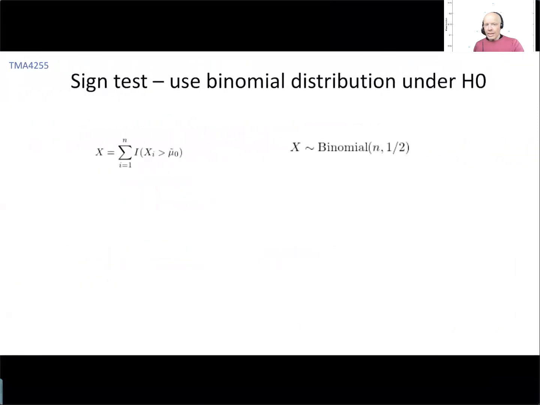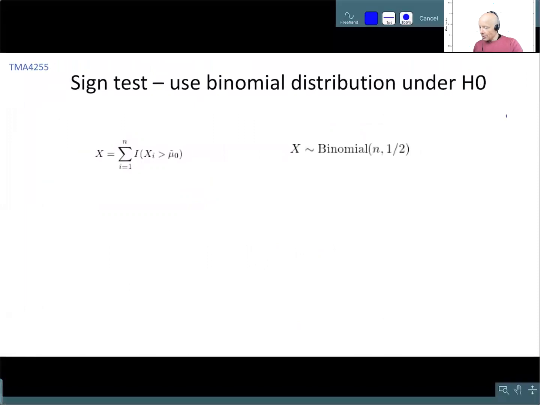So here is our test statistic in this situation. We count the number of data samples that are above the specified median. Here the indicator is defined as a 0 or 1 variable. It's 1 if the data sample is above the specified median, and if the data sample is below or equal, it's defined as 0.